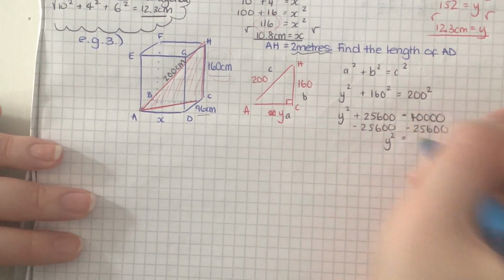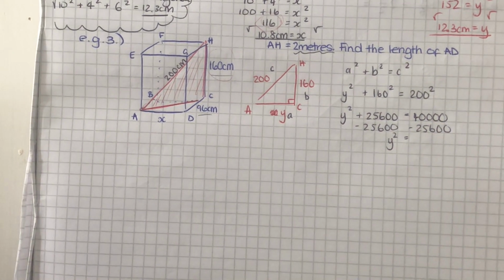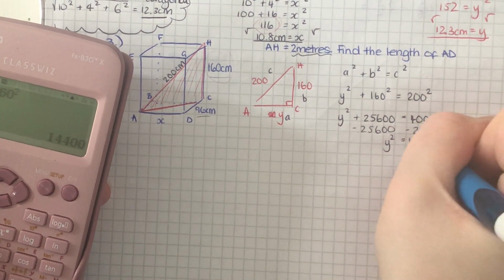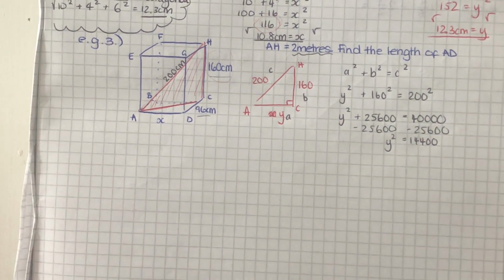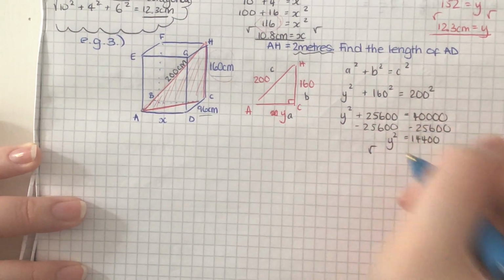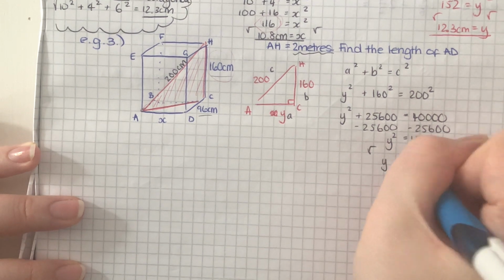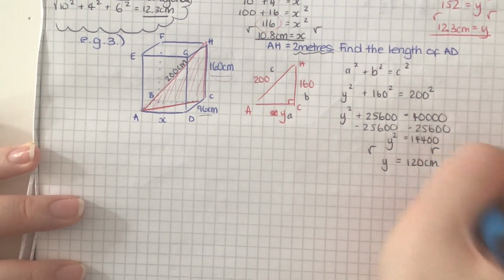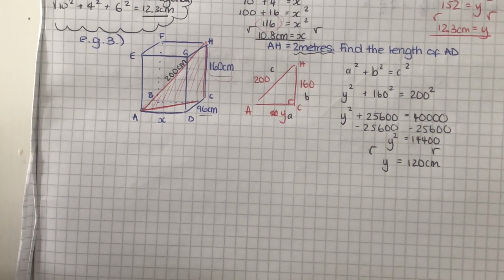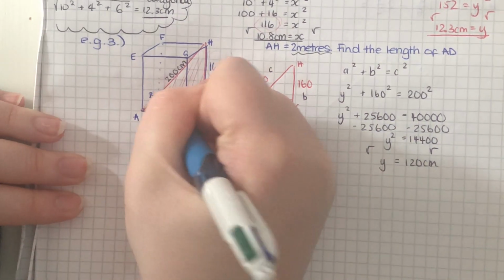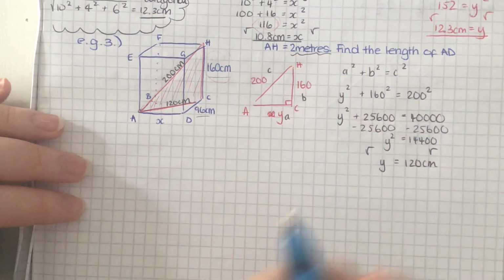So Y squared is equal to 14400. Okay, and then we need to square root at the end. So Y is 120 centimeters. Okay, so we've worked out then this diagonal is 120 centimeters.